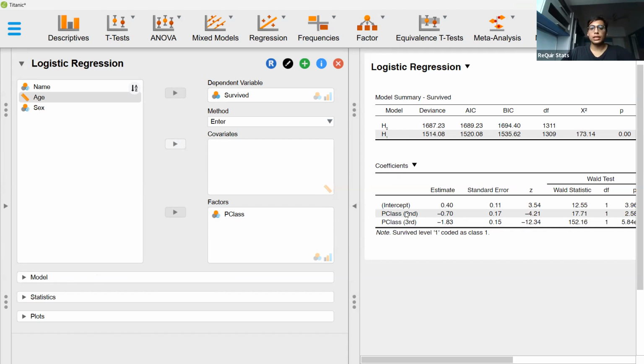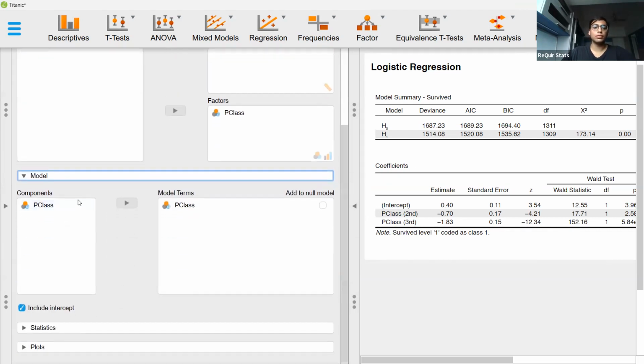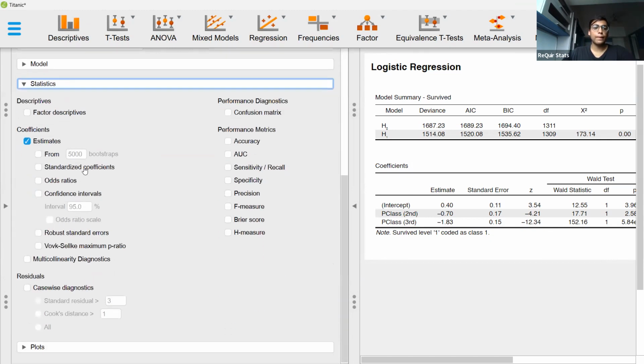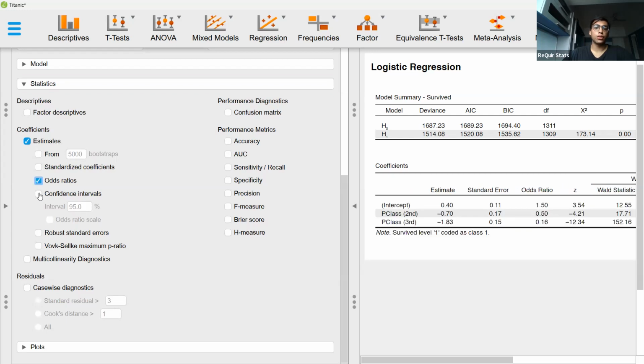Now again, since this is a univariate regression, this is very similar to linear regression. We are not going to play around with the model drop-down menu. We will, however, go to statistics and select odds ratios, confidence intervals, and underneath the CIs, we want the odds ratio scale for CIs.